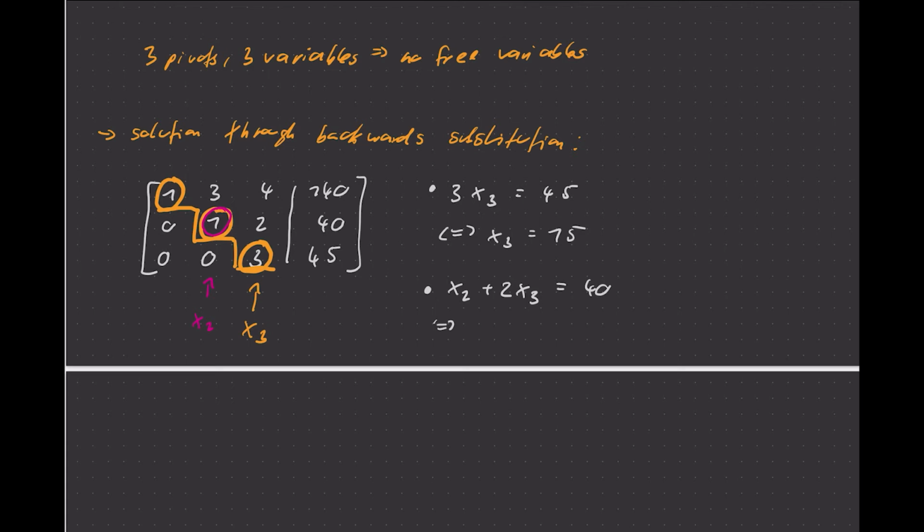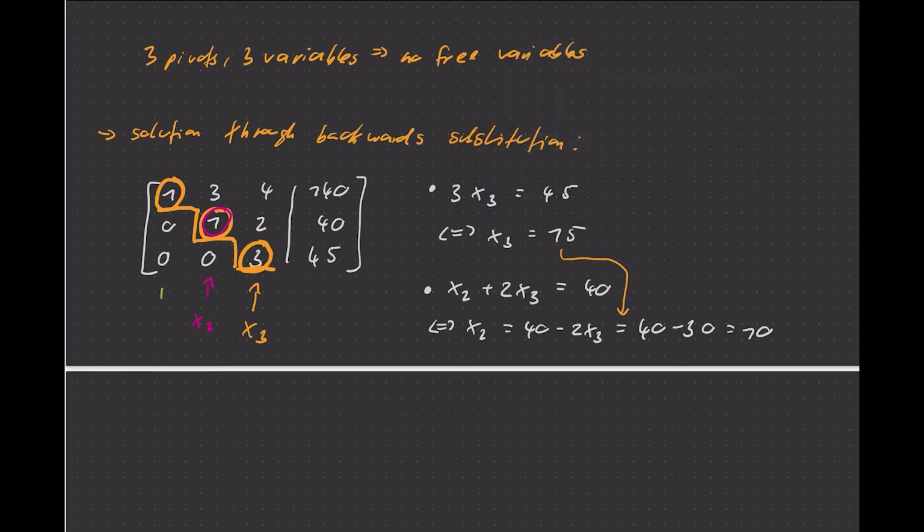And obviously that means x2 is 40 minus 2x3. We know x3 already, so that's 40 minus 30, that is 10. Right, so here we used that x3 is 15, so 2 times x3 is 30, and that yields a value of 10 for our x2.